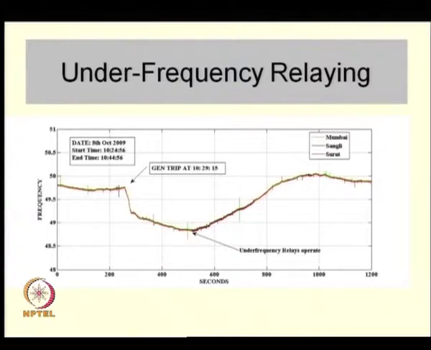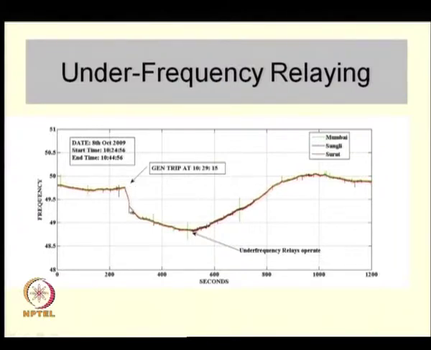It really evokes quite a bit of wonder that immediately you see a frequency decline in Mumbai, Sangli and Surat, because these parts of the grid are synchronously connected to the grid in Uttar Pradesh, which is more than 1000 kilometers away. So, there was a generation trip in the synchronous grid, and the frequency drops everywhere, including the western region.